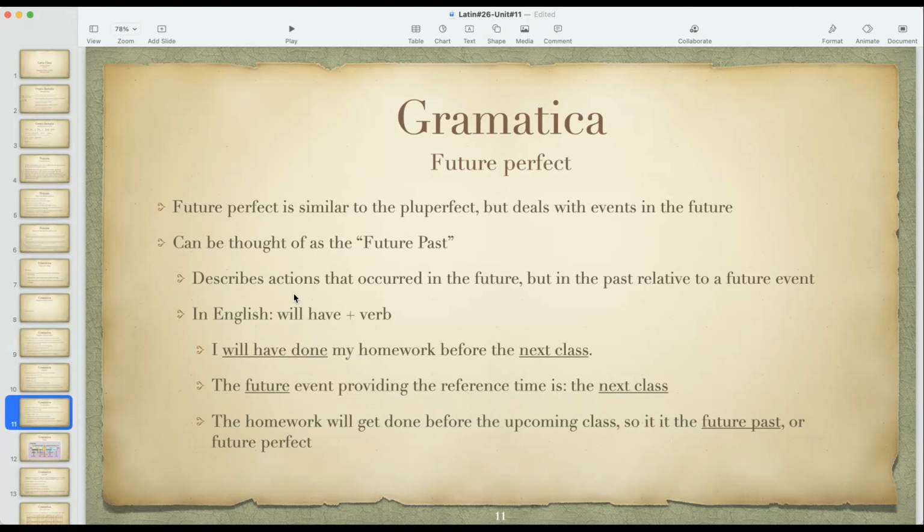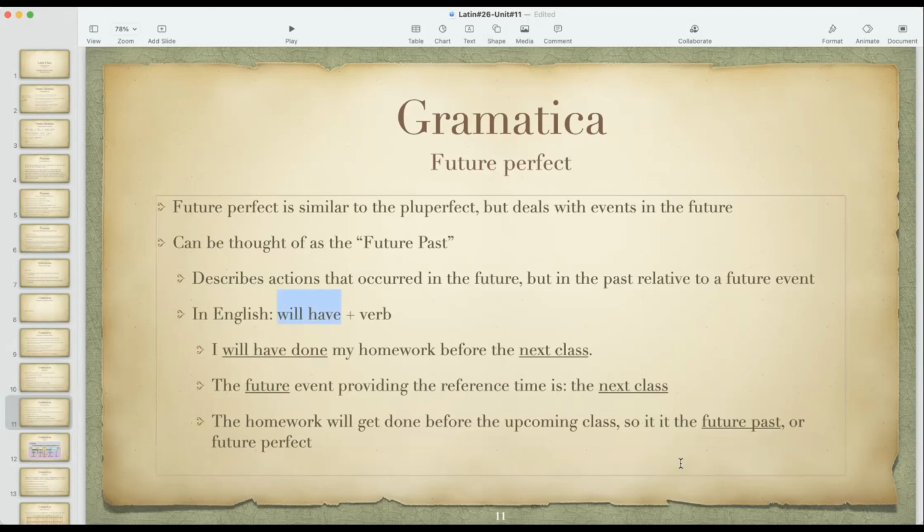So in English, we say will have, as in I will have done my homework, I will have run to the store, I will have whatever. So the example is, I will have done my homework before the next class. So what's the reference time? The next class. And then the homework will get done before the upcoming class, so it's in the future past.